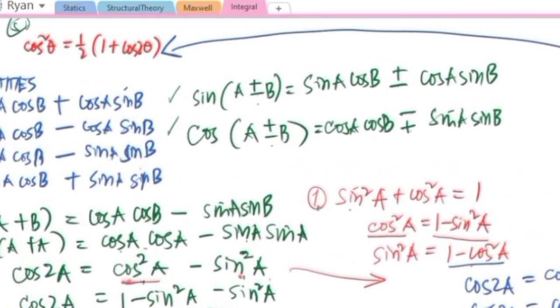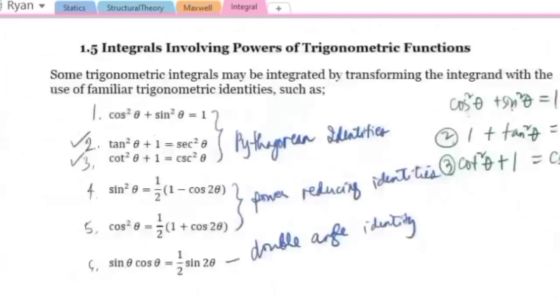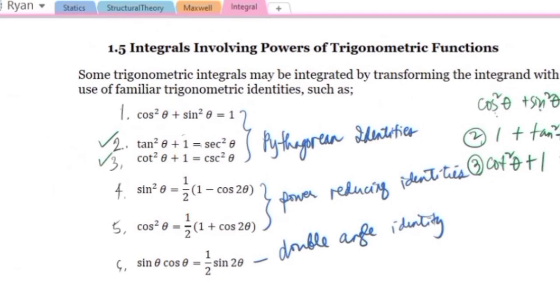So, yung A, pinalitan lang natin ng theta. So, it is just the same. So, kahit anong angle pa yan, kahit ano pa yung gagamitin natin dito, it could be x here and x there. So, the same lang yan, beta or whatever. So, alam na natin kung saan nanggaling itong power-reducing identities na to, 4 and 5.